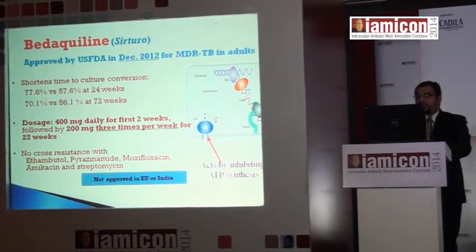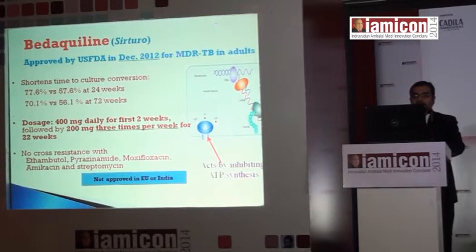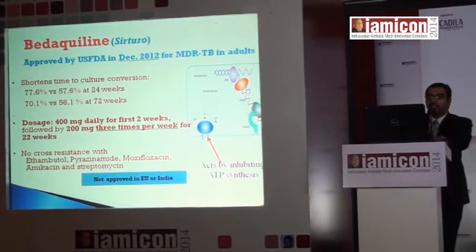This drug acts by inhibiting ATP synthesis, so it inhibits the energy released by the mycobacteria. The dosage is 400 milligram daily for 2 weeks, then 200 milligram thrice a week for 22 weeks. It acts on both active and dormant bacteria, both drug sensitive and drug resistant. It was approved by the US FDA in December 2013, but not approved in the European market or in India.